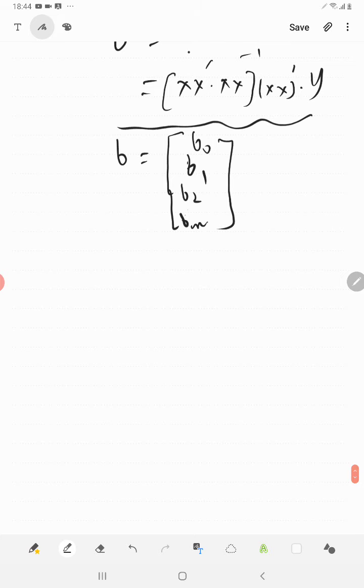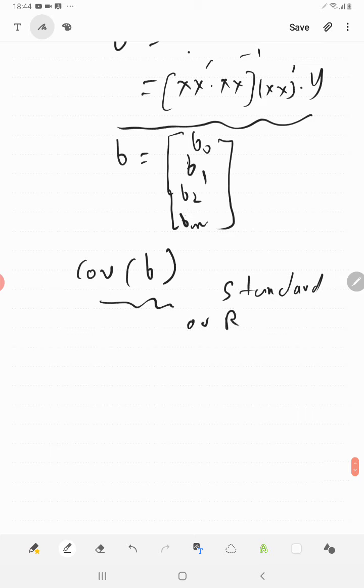Also, we must calculate the covariance of B, whether standard or robust.